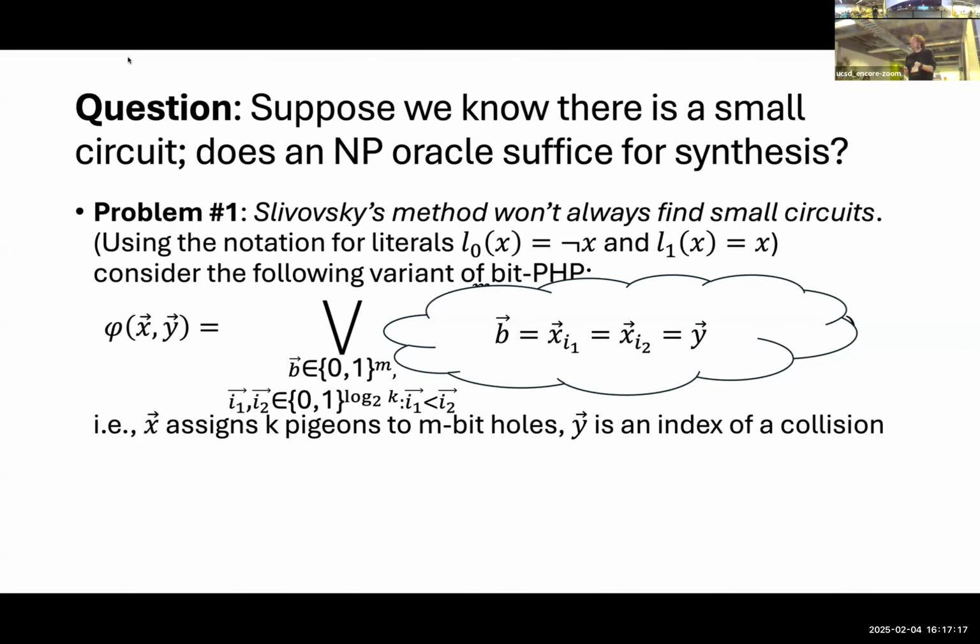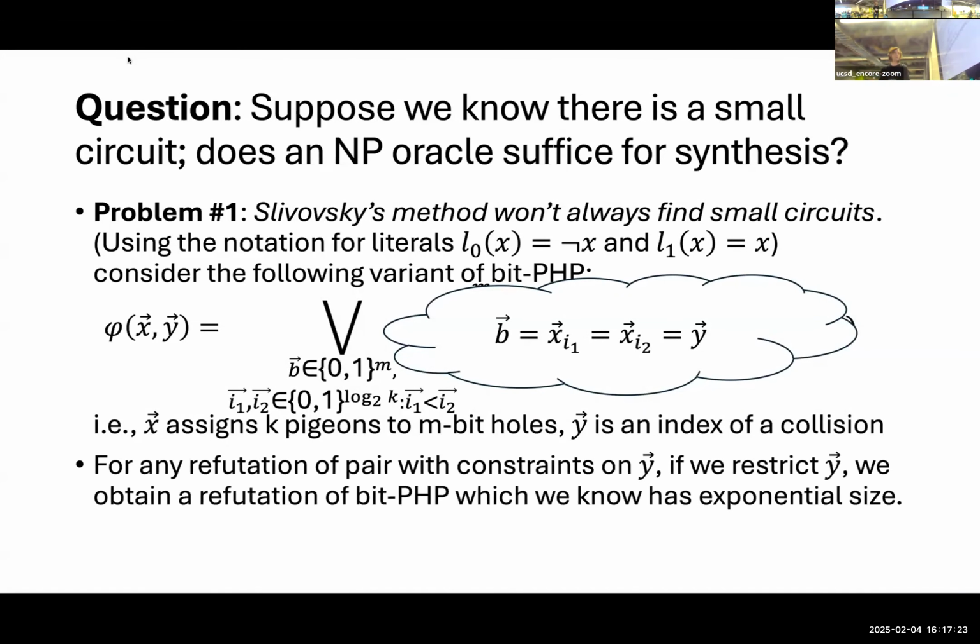Whatever hashing techniques I'm doing on Y here, to try to get a unique witness out, after I restrict Y in some refutation, I'm going to get a refutation of the bit pigeonhole principle from my refutation of this pair that we used in Slavoski's method, and we know that that has exponential size.